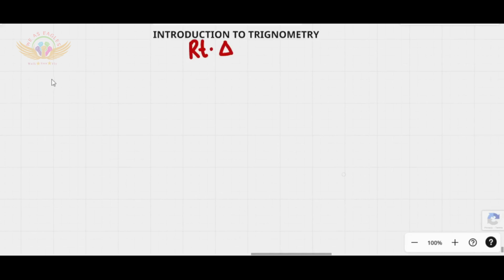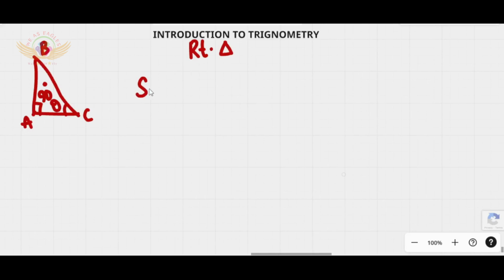So if I take a right angle triangle ABC, this angle will be 90 degrees because it is a right angle triangle, and this is my angle theta. If I take this angle theta, I have some important terms which need to be learned in trigonometry.